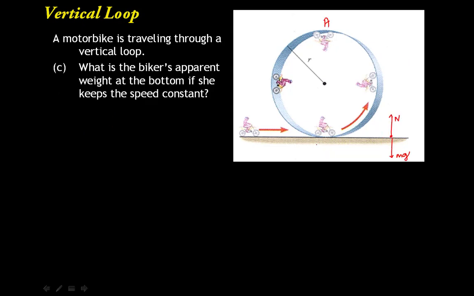So now I have to look at point B at the bottom of the track. This time, when we do a sum of the forces, we have the normal force going up and the gravity force going down. This again is going to be equal to mv squared over r. But this time we know what some of the values are. We said that our velocity was going to be the square root of g times r.